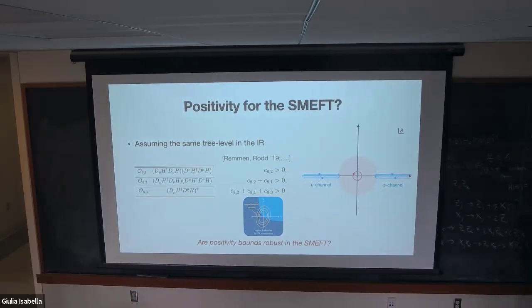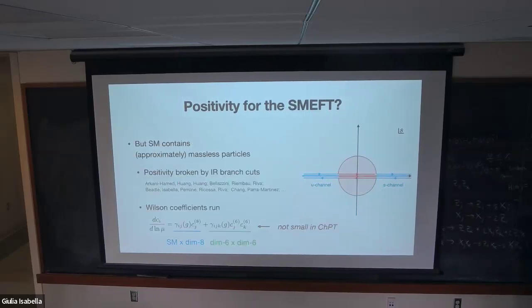But the question is, this is phenomenology, so you don't get to assume what you have. Importantly, branch cuts appear when you have particle production. In the EFT, because you have light particles, you also have particle production. So the branch cut doesn't stop at the EFT cutoff, but goes all the way down here.